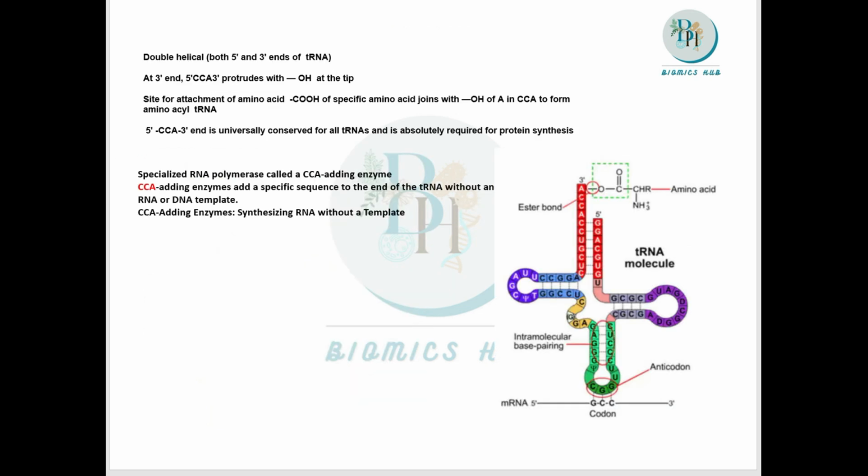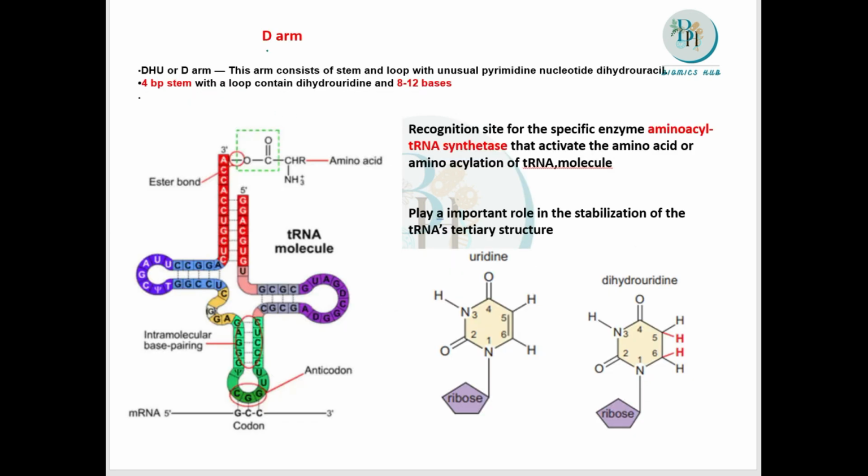Now this part we have already discussed: the amino acid and the CCA part are bound by one ester bond, and the CCA sequence has one OH group by which this bond is formed.